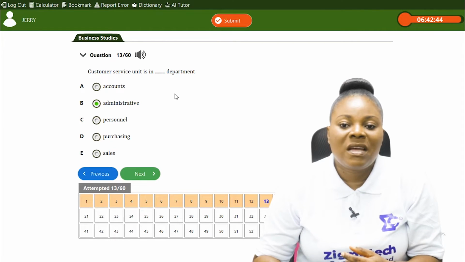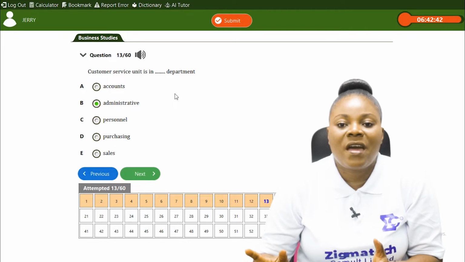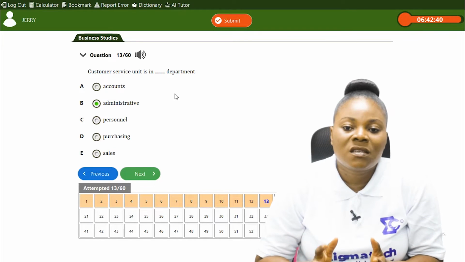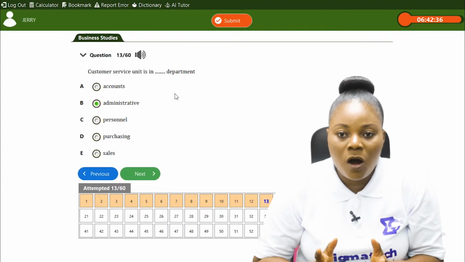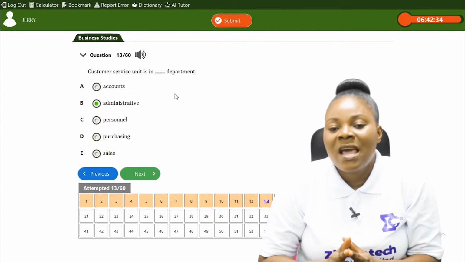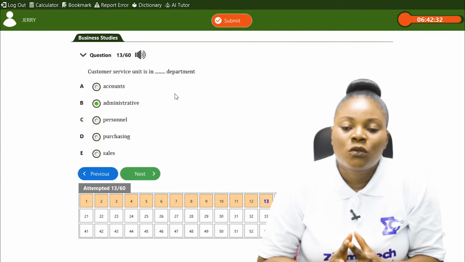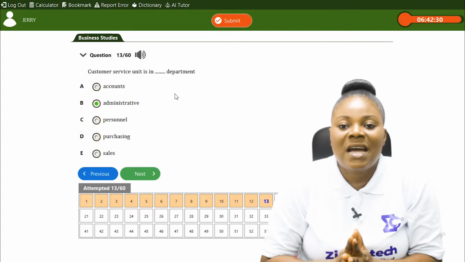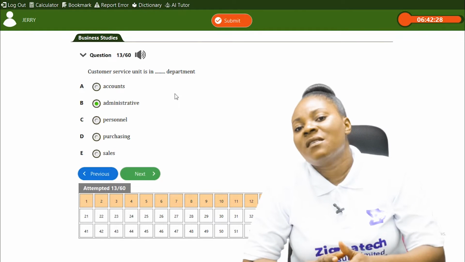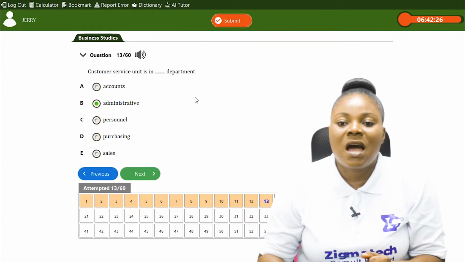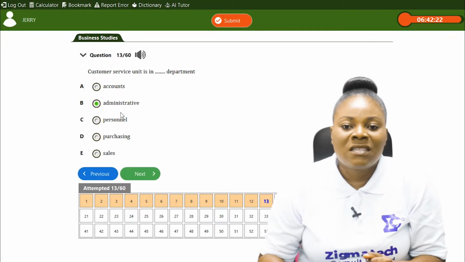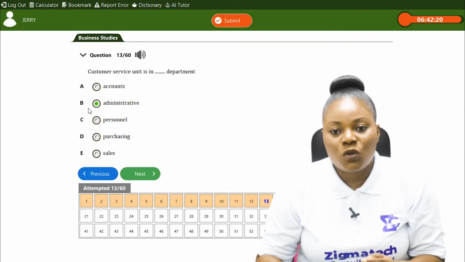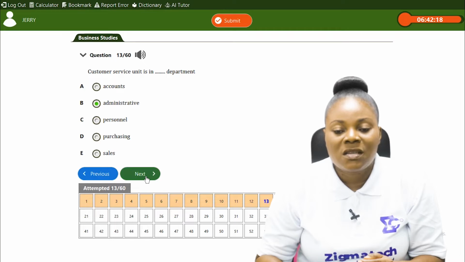That is the department that sees to the welfare or the complaints of customers. They attend to every complaint, and they ensure that every service rendered to the customers is satisfactory. This department is under the administrative department. So option B is the correct answer.